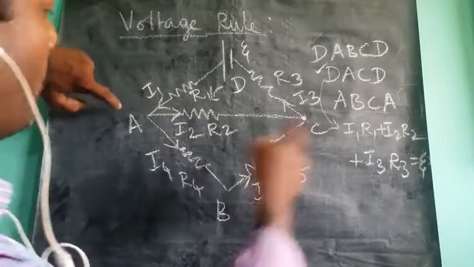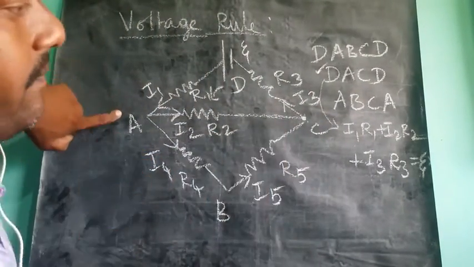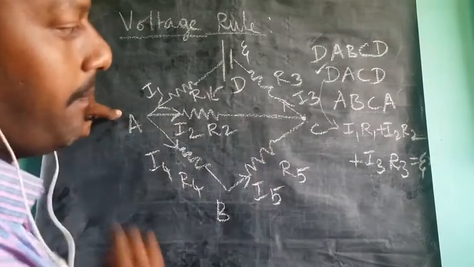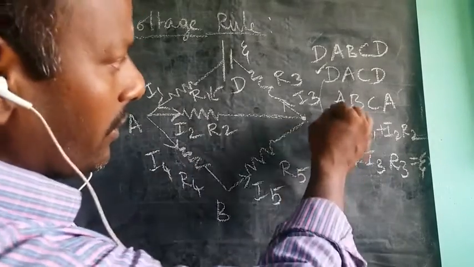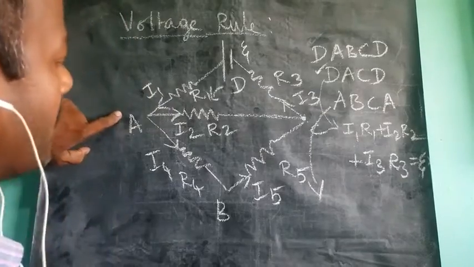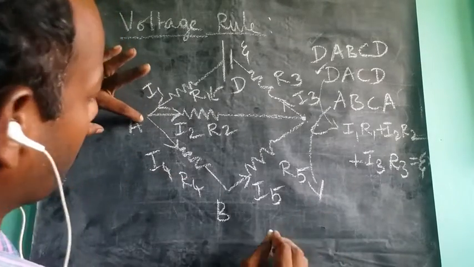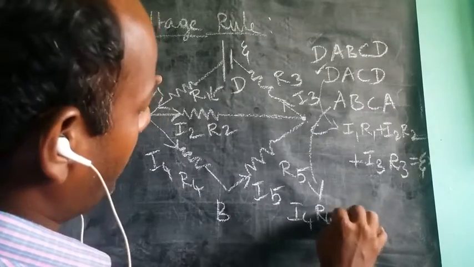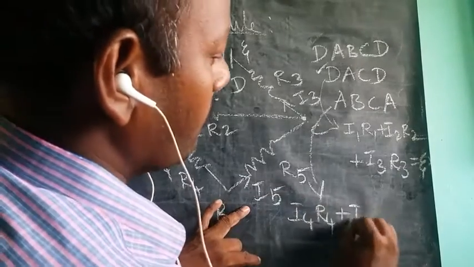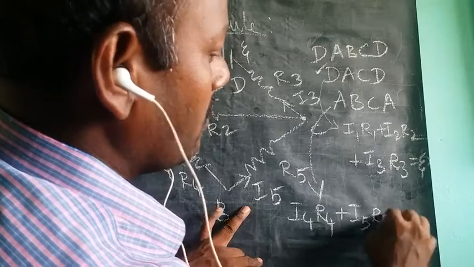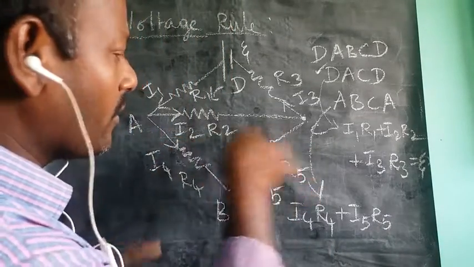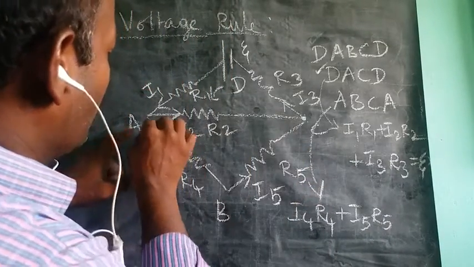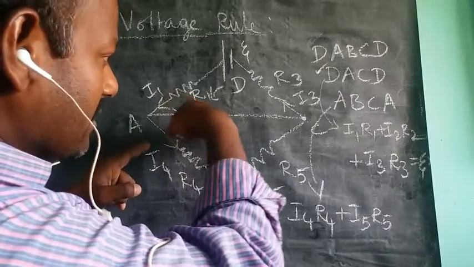Now look at the second one, ABCA. Let's start from here: I4 R4 plus I5 R5. Look at this direction. When I move from A to B, it is in the same direction.